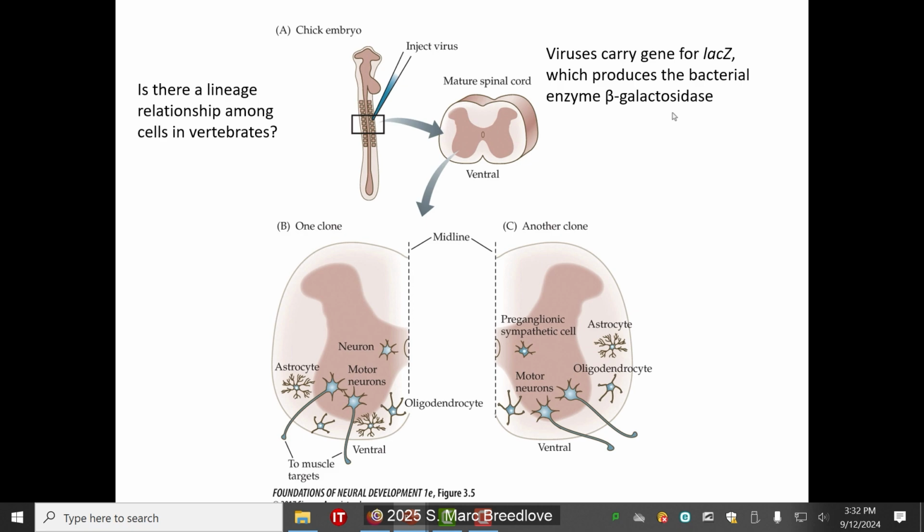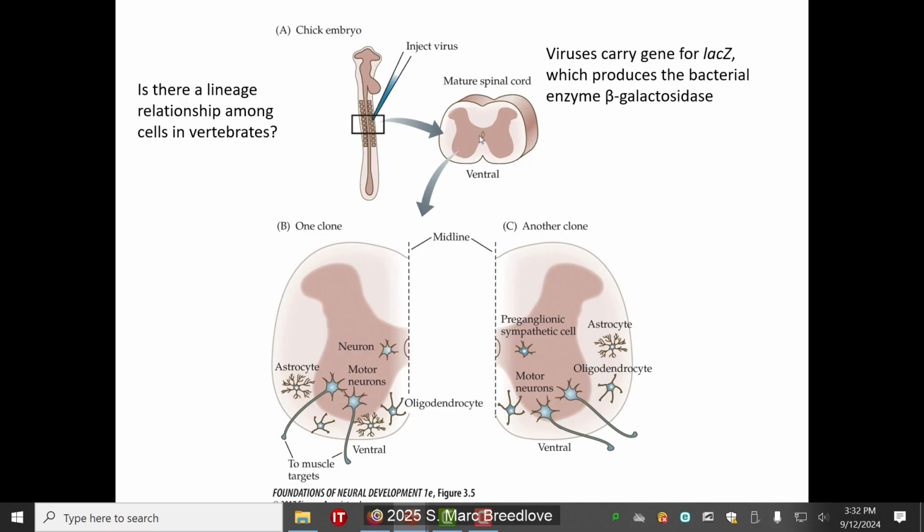So you put some virus into the developing spinal cord. Most of the viruses never find a cell to infect, but a rare event will happen. Occasionally, a virus will find a cell and infect it, and it will be a cell that still has several more divisions to go through. You've got to put it in at the right time. Put it in too early, there'll be thousands of cells that are labeled.